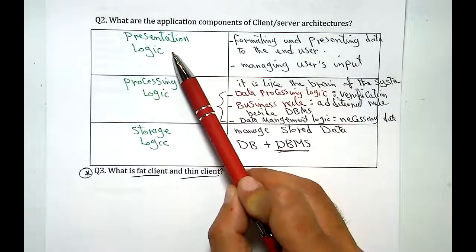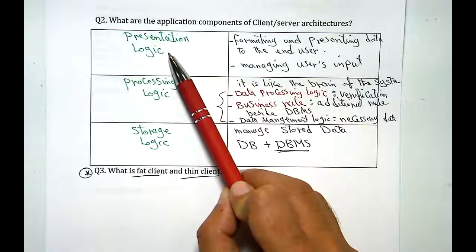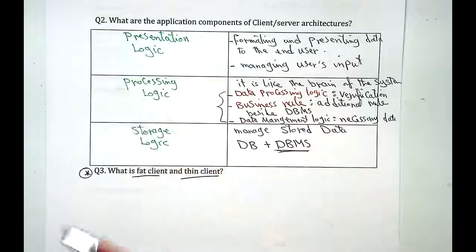On the client or on the server? On the client, yes, because this is what the user can see. So as I said, when you access your Facebook page on your computer, you have the page with menus and buttons and this colored page. It is on the client side.